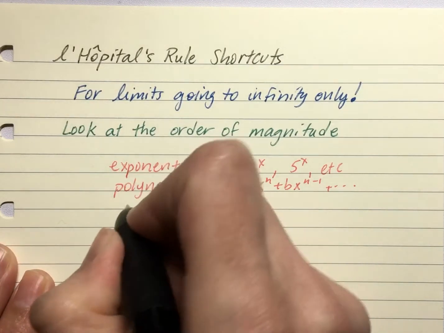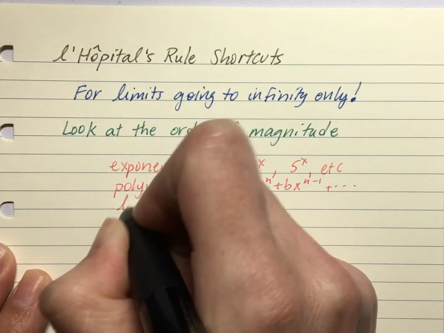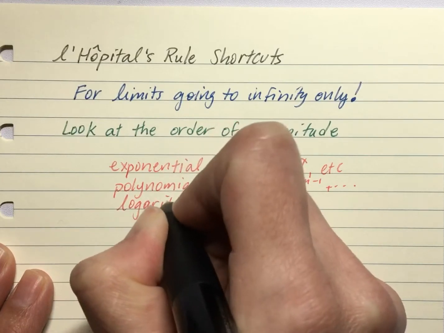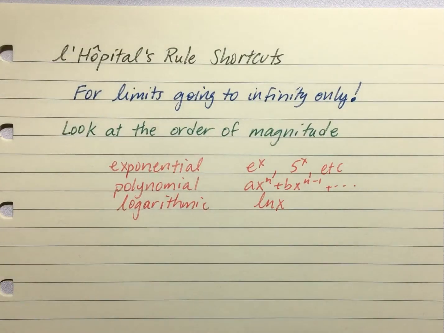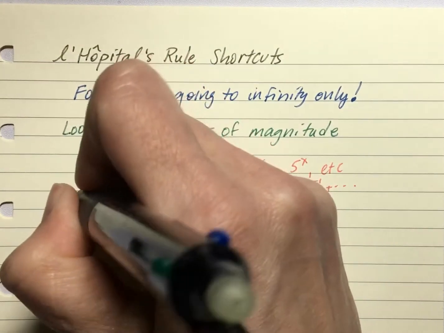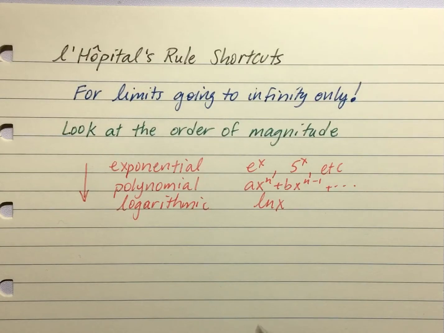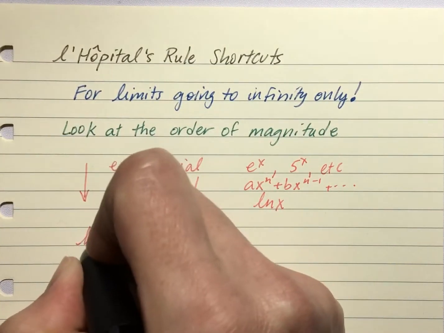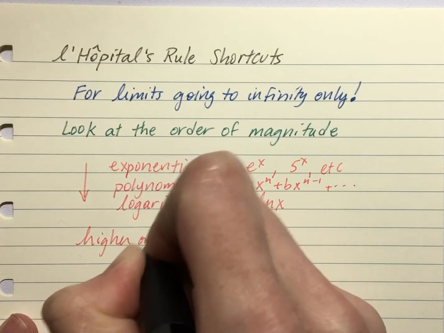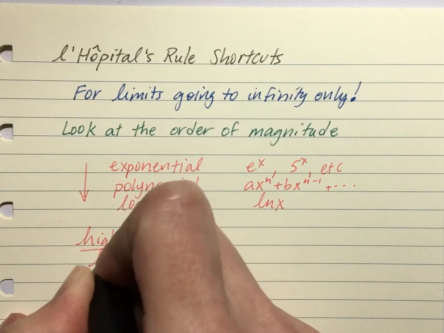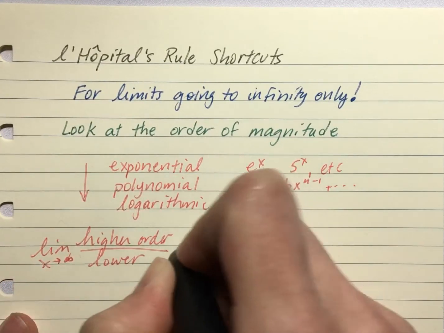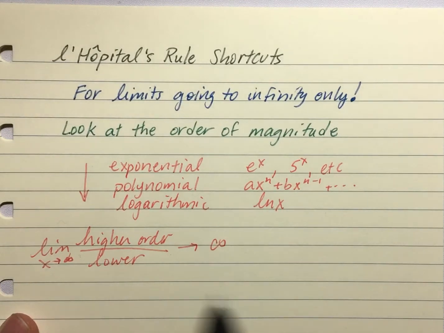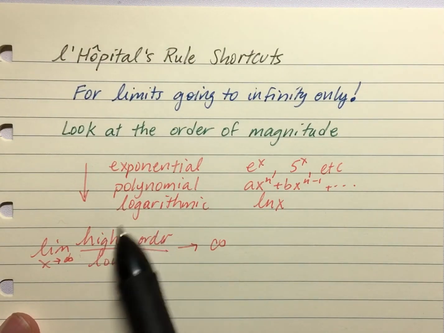And then a polynomial is going to grow faster than a logarithmic, like natural log x, for example. So if you can look at the order of magnitude and see what's growing faster, if you have a higher order over a lower when you're going to infinity, that's going to go to infinity because you have more growth in the numerator.